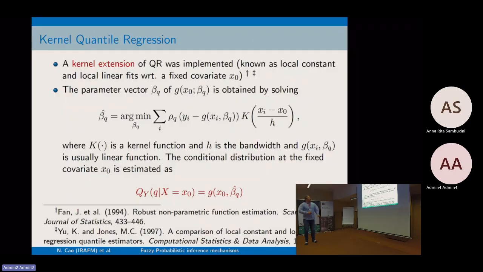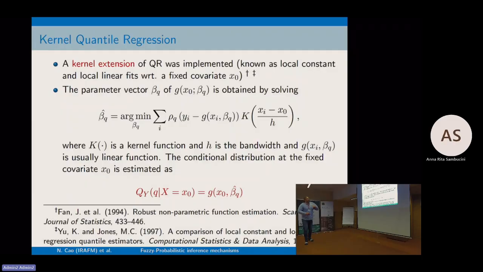So we can determine locally the function which is related to a fixed covariate x0 from x, in the way that the parameters are determined almost in the same way as for quantile regression, but multiplied by weights. Weights are determined from the kernel.